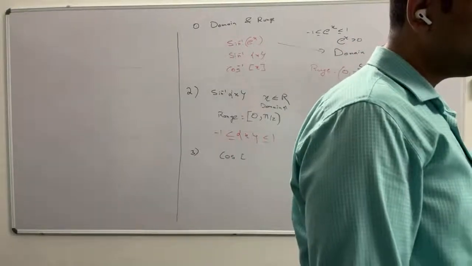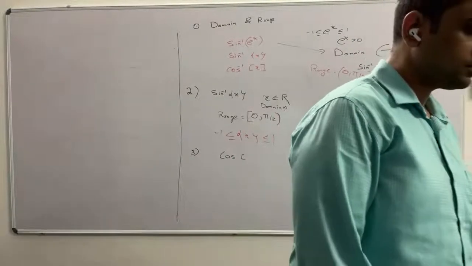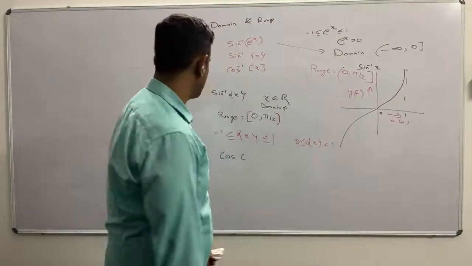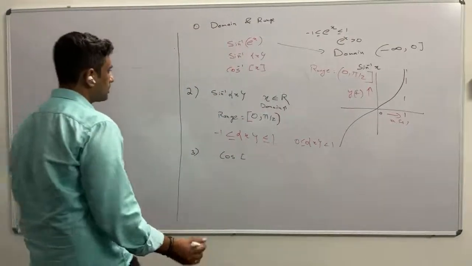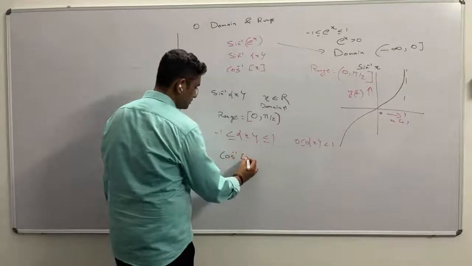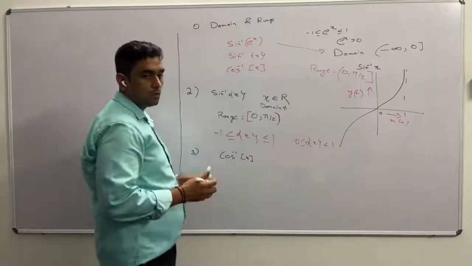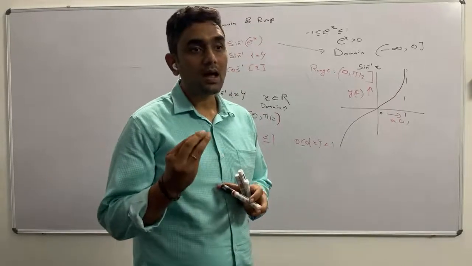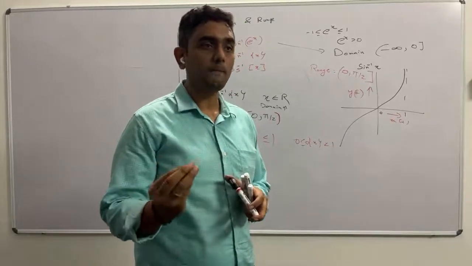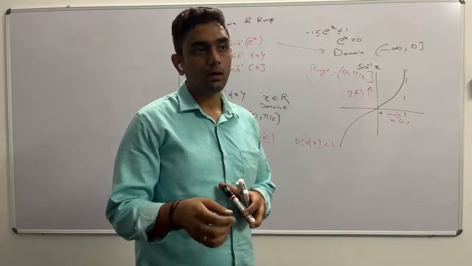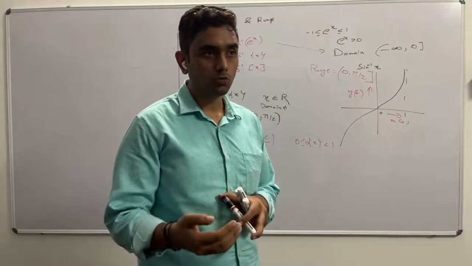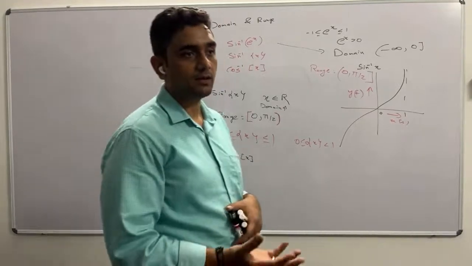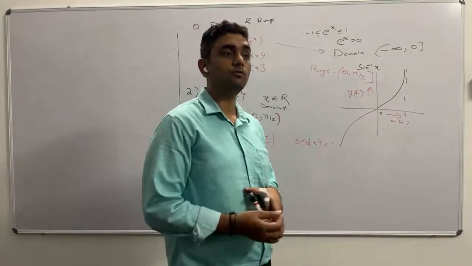-1 to 2, open bracket, correct. Okay, domain, over here when we are talking about domain, greatest integer should lie from -1 to 1, that is correct. But when x is, for example, let's say 1.9, even that will satisfy because greatest integer of 1.9 is 1.